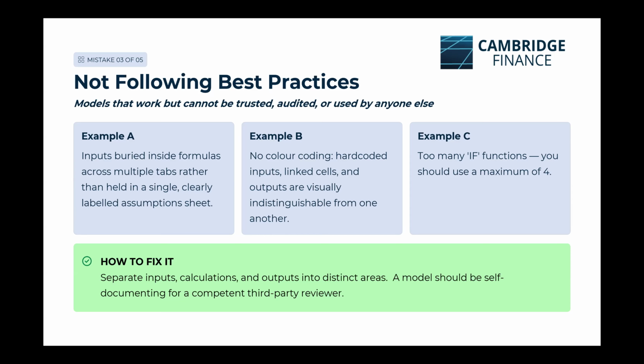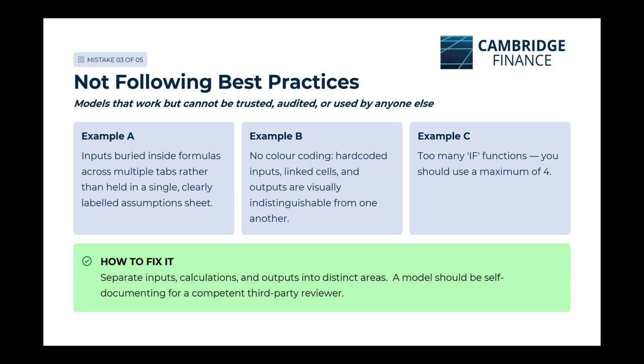Example 2 is if you have no color coding. It makes your model look not as friendly, because you don't know what you can change and what you cannot change, and the inputs that will really affect your calculations are not clearly appearing in your model.